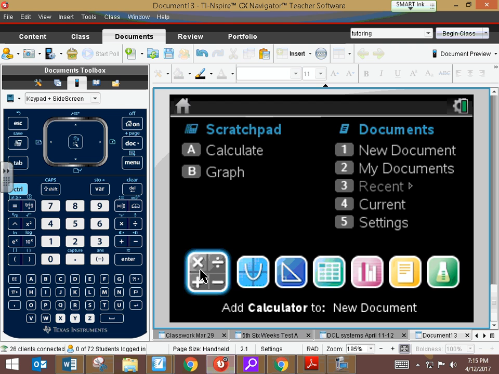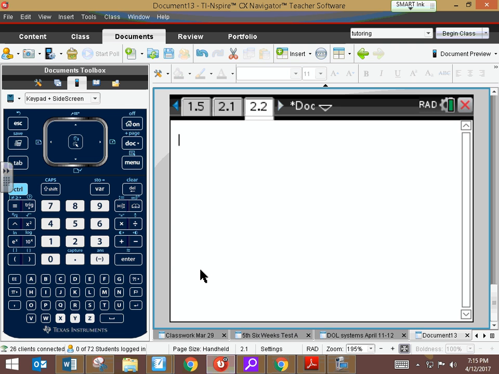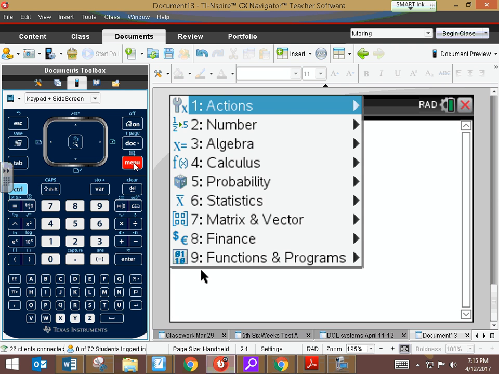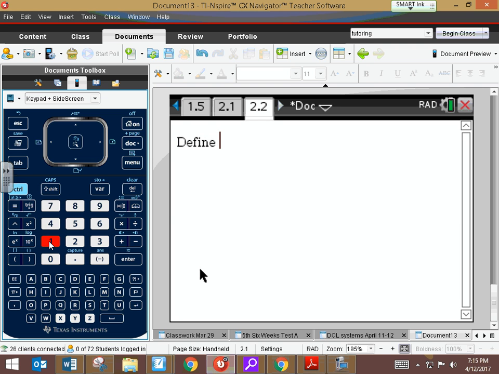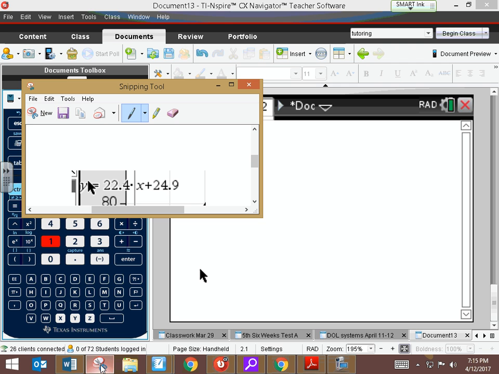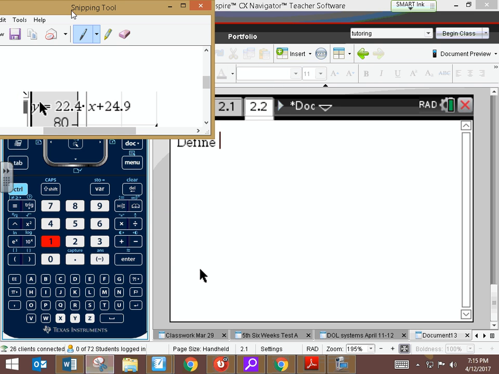Let's use menu 1, 1, and let's define our function. I'm just going to copy this.